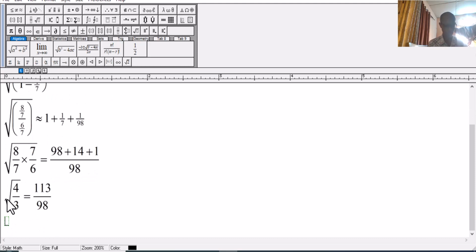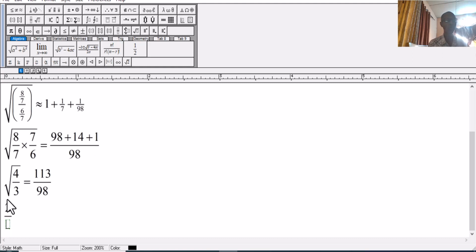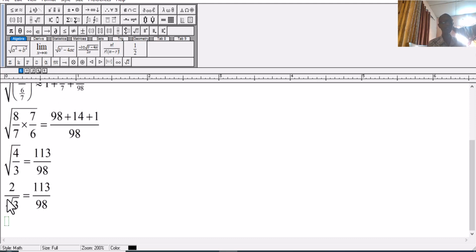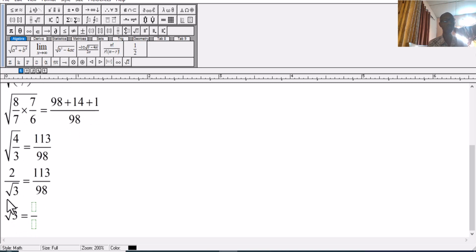So the square root of that will be 2 over root 3 is equal to 113 over 98. So make root 3 the subject of the formula. Root 3 will now be equal to 2 times 98 all over 113.